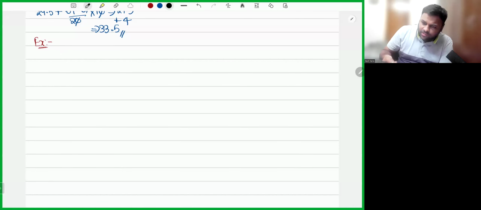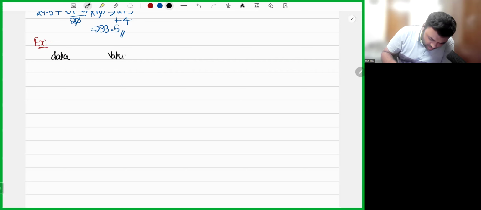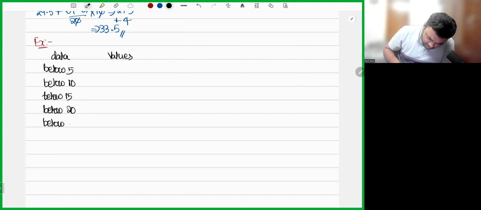Observations. Instead of observations, data is given and values are given. Data is given as below 5, below 10. Just write down the question. Note down the question. Below 15, below 20, below 25, and below 30.